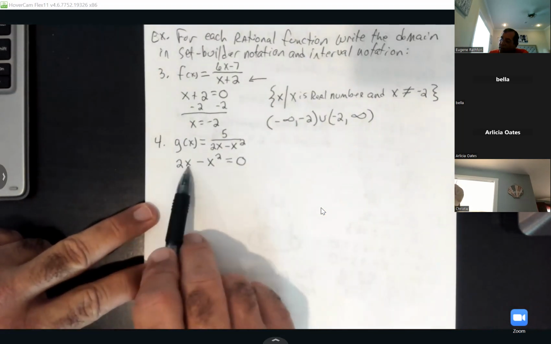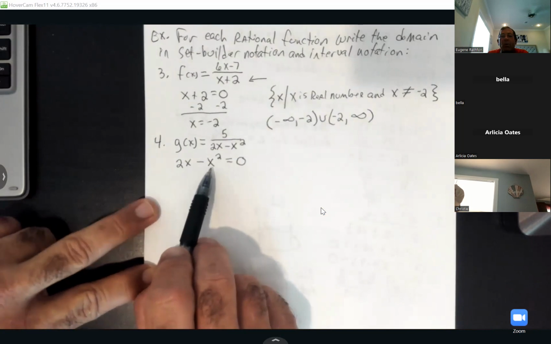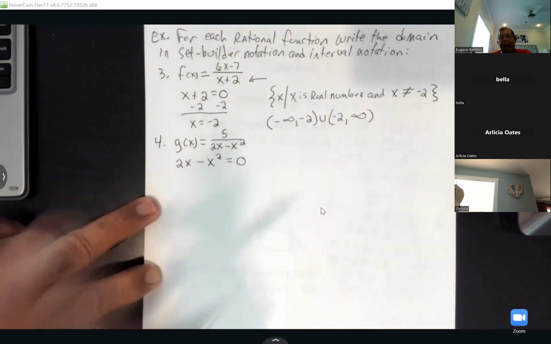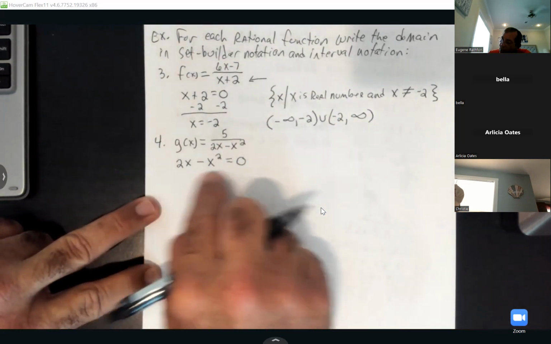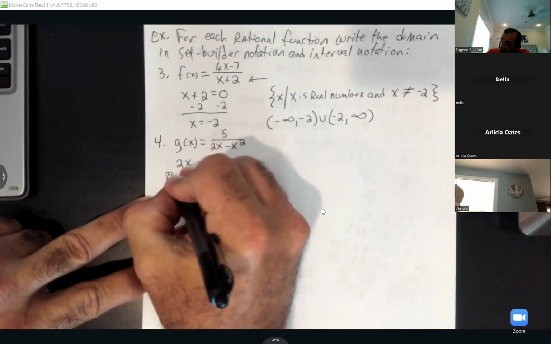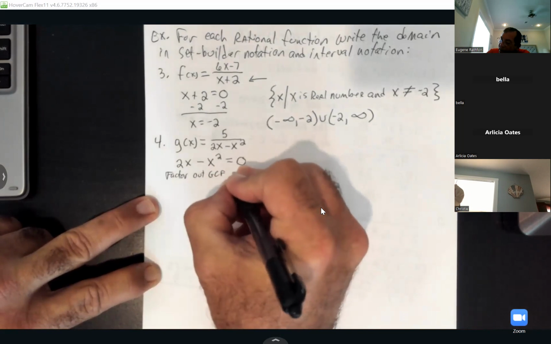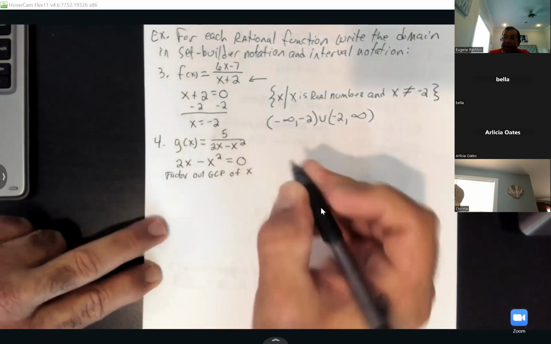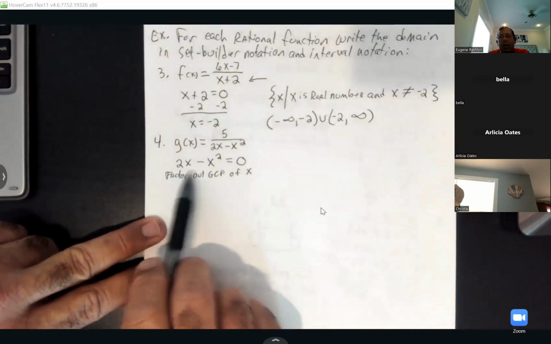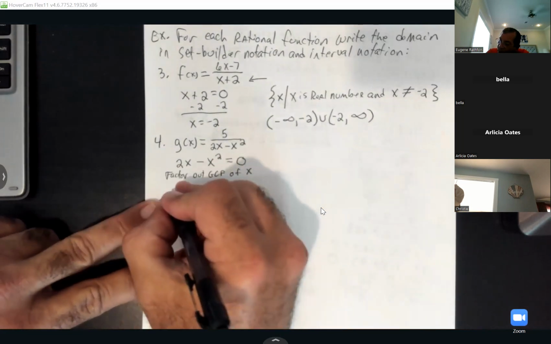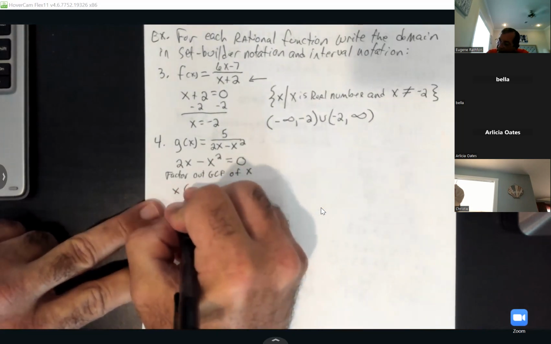So y'all, to solve this one, it's out of order, but it's not bad because you got a 2x and an x. So on this one, instead of actually factoring the whole thing, I'm going to factor out the greatest common factor of x. Since these two terms have an x in them, we're going to factor out that x.